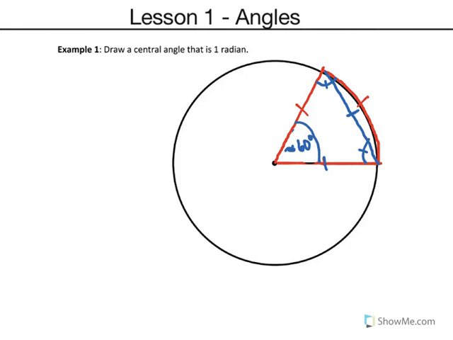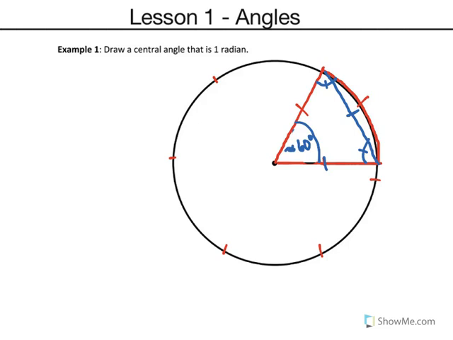If we were to continue our radians all the way around, it would fit 1, 2, 3, 4, 5, 6 and a bit. It should fit a little bit more than 6 times around.